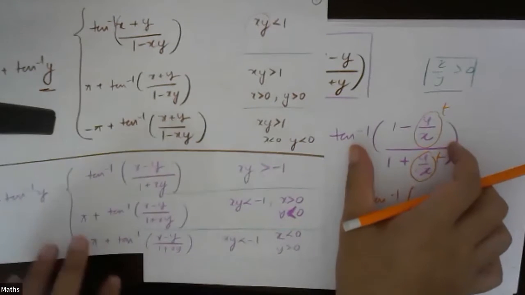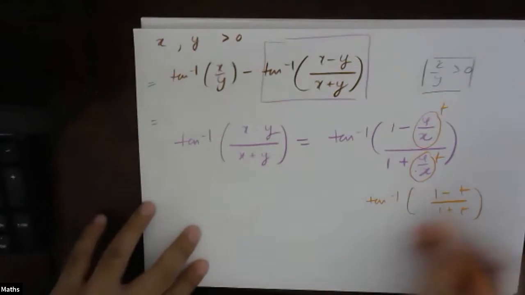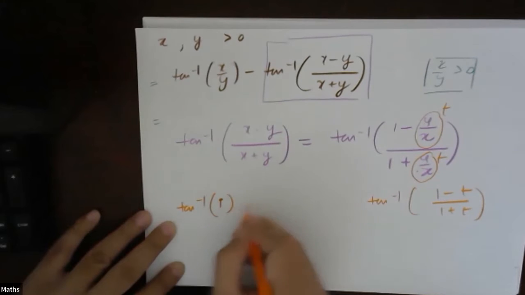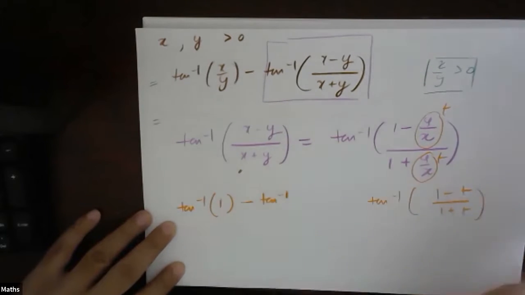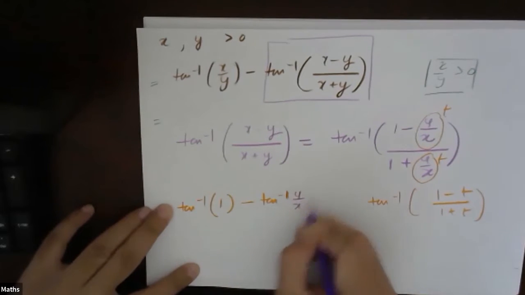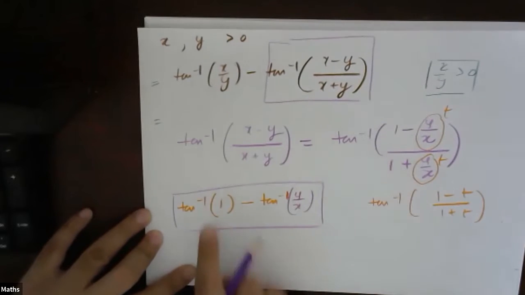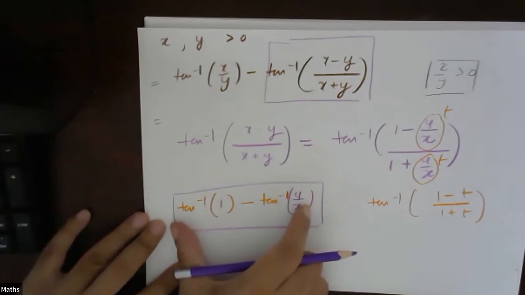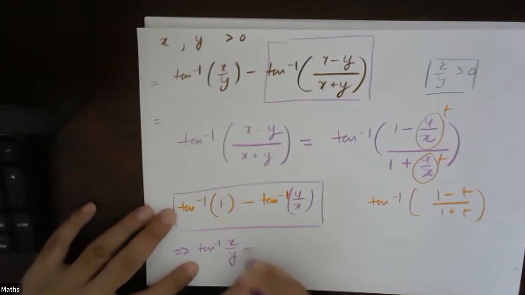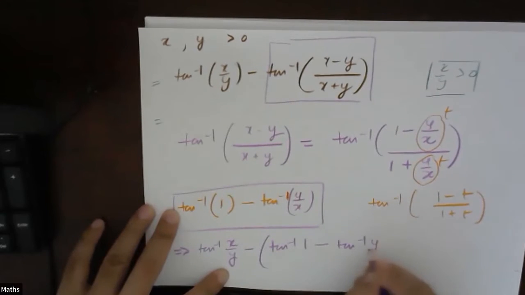So this I can simplify further into the form tan inverse of 1 minus tan inverse of y by x. If I substitute this here, this will become tan inverse of x by y minus of tan inverse of 1 minus of tan inverse of y by x.